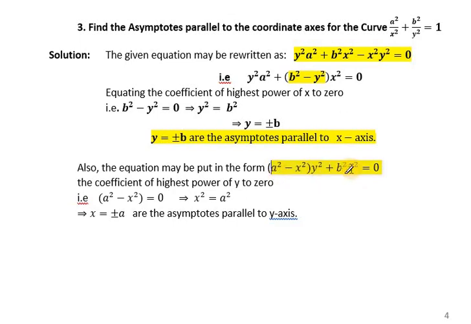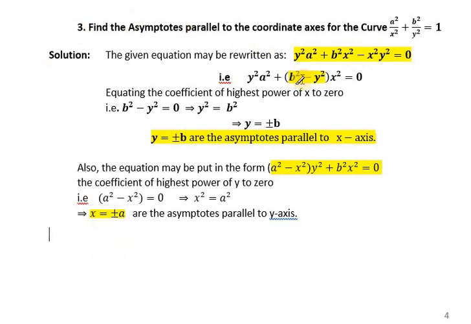Now even in this equation, the highest power of y is y square, highest power of x is x square. Let us equate the coefficient of highest power of y to 0. That is a square minus x square is equal to 0. So which implies x square is equal to a square and x is equal to root of a square, that is plus or minus a. Now x is equal to plus or minus a are the asymptotes parallel to y axis.